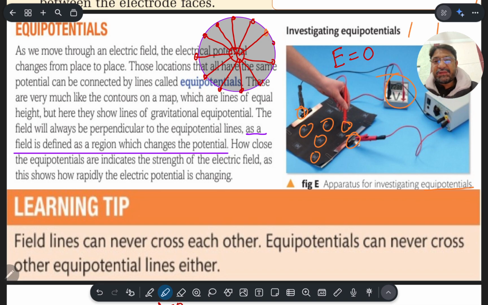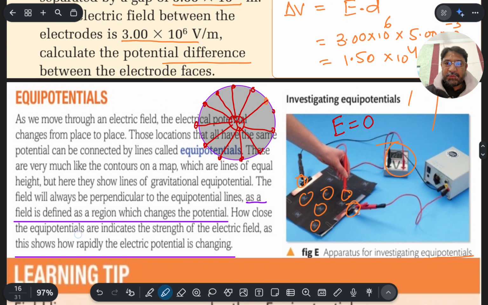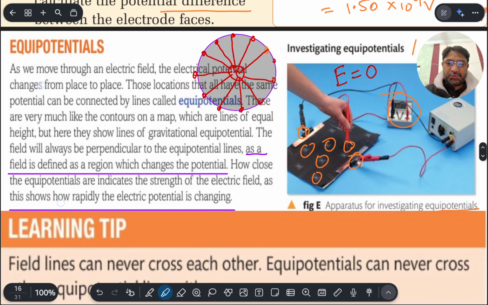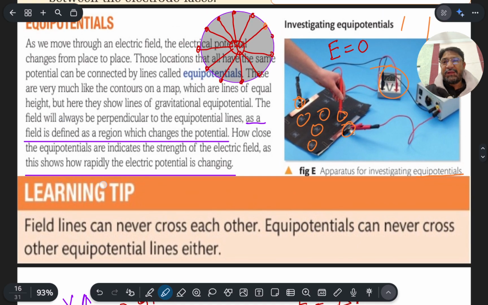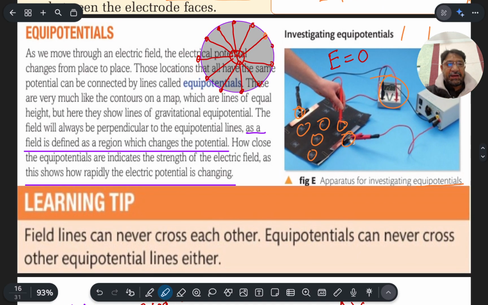Closely spaced equipotentials indicate the strength of the electric field, showing how rapidly the electric field is changing. If the charge over there is changing rapidly, the field strength is changing, and that tells me about the equipotential surfaces. This is a short topic, so I will not go in depth, because I will discuss some other points in my next video.